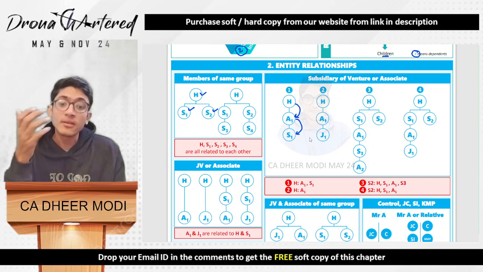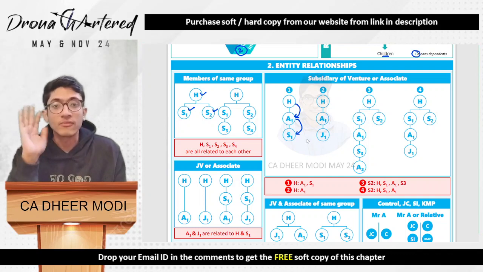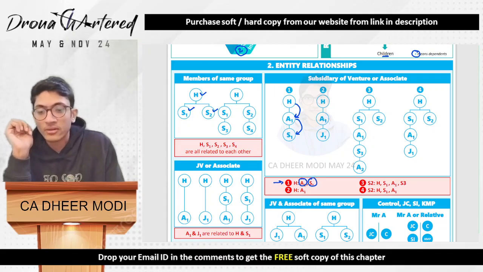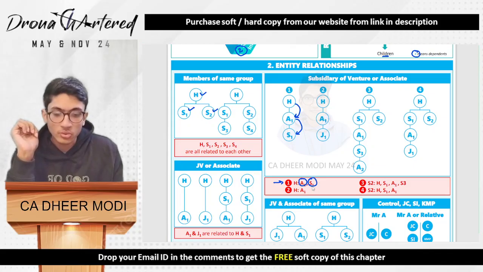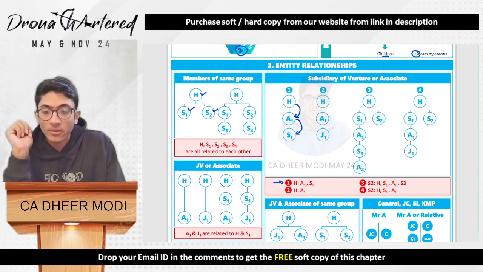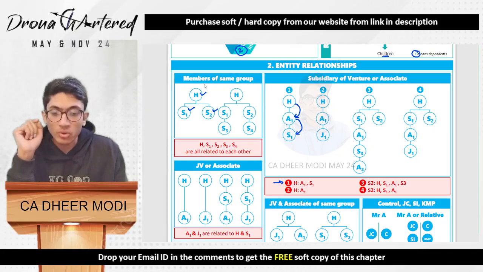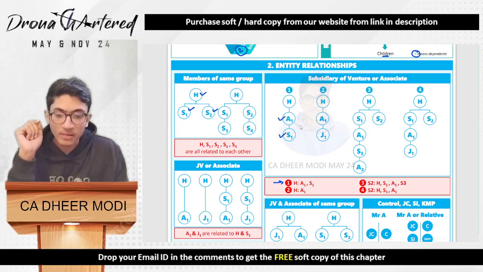So the question is, who are the related parties for H? For H, the related parties are A1 and S1. That means both of these are related parties.